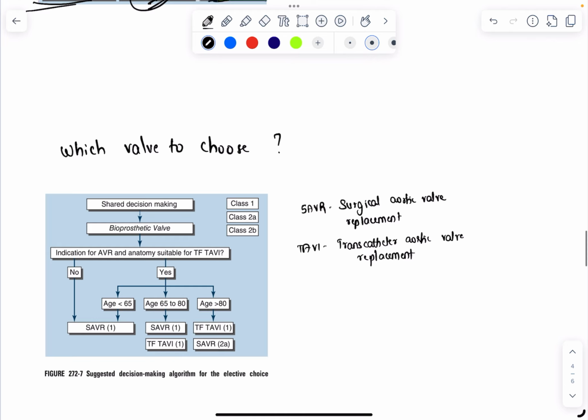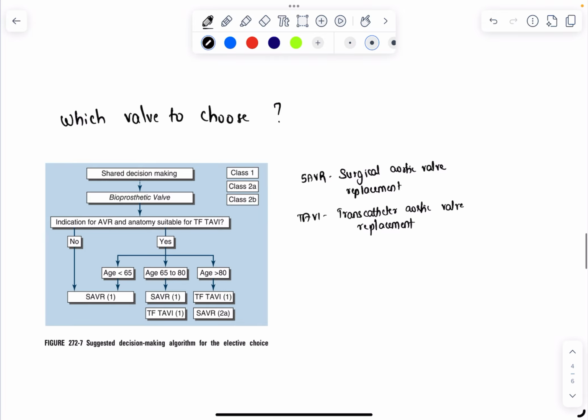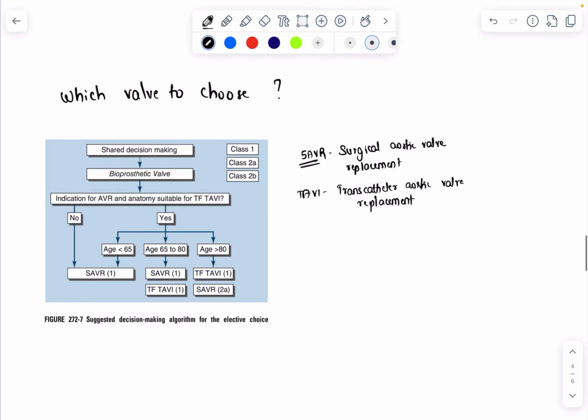Now the point is which valve to choose. We have two options available: one is surgical aortic valve replacement and the other is transcatheter aortic valve replacement.